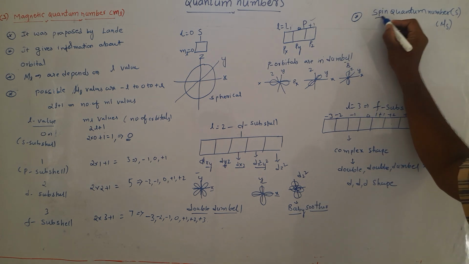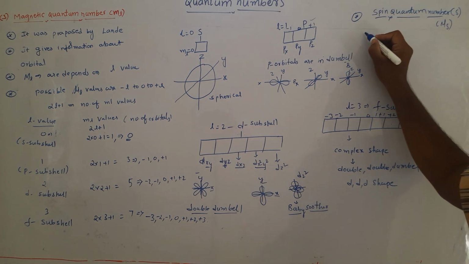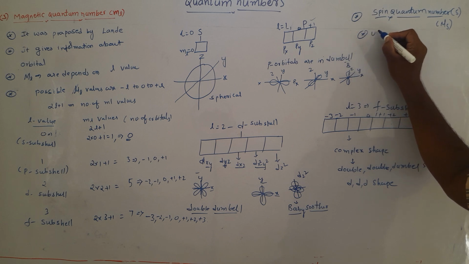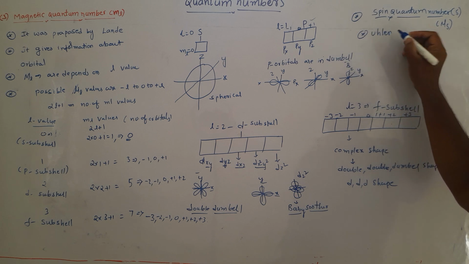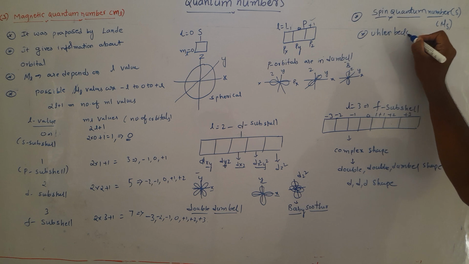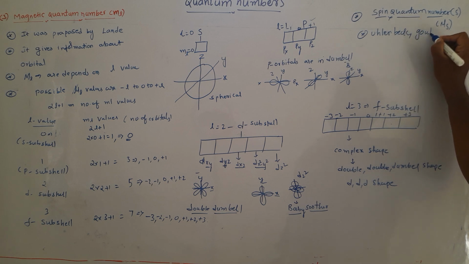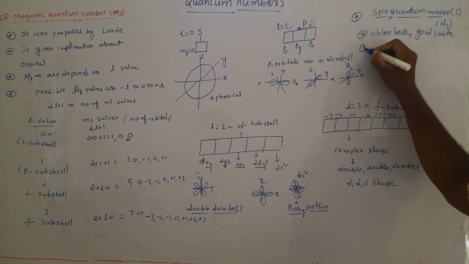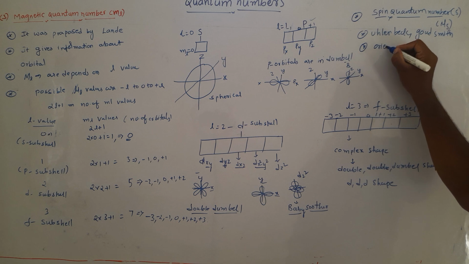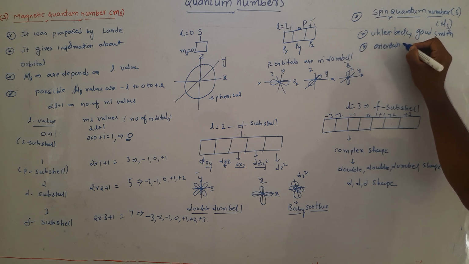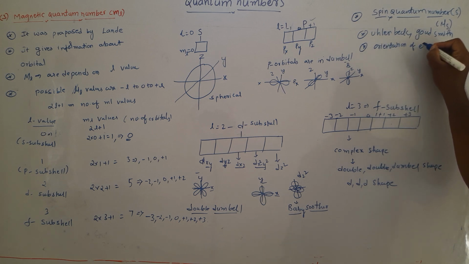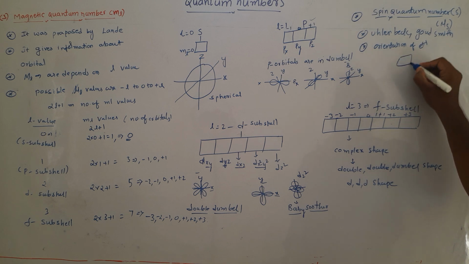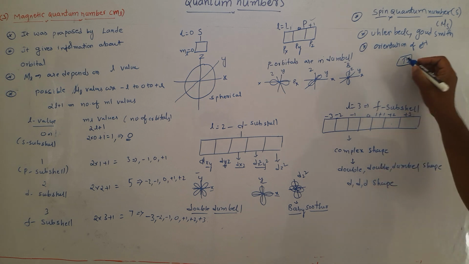It was proposed by Uhlenbeck and Goudsmit. It gives information about the orientation of the electron, whether it is in the upward direction or the downward direction. This much only it gives information.